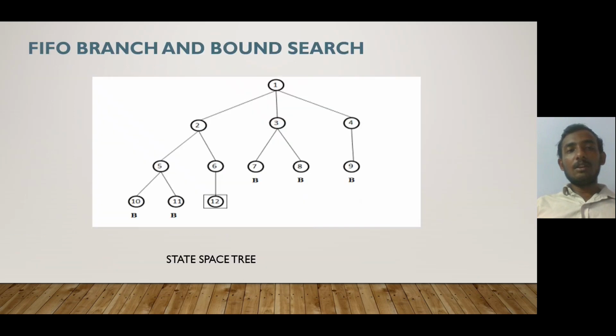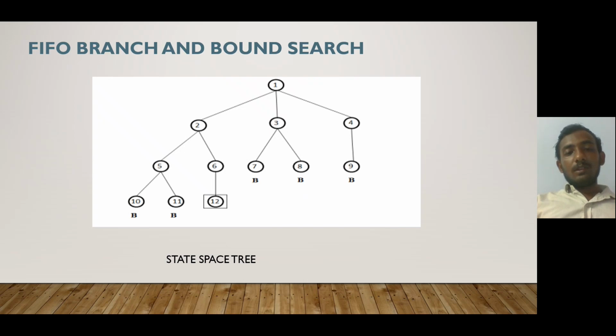Coming to last in first out, firstly the fourth node is going to be expanded, and then 9 is going to be checked whether children are present for that node or not. If not, then it comes to node 3. Node 3 is going to be expanded and then node 2.